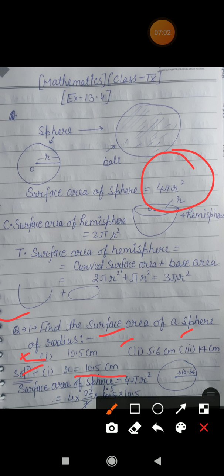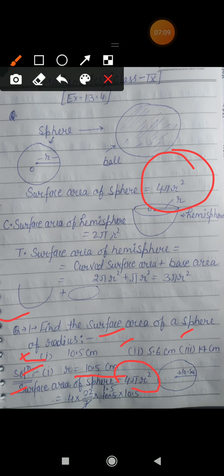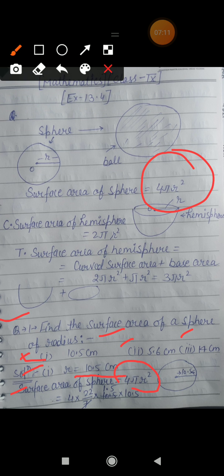So you have to write here, surface area of sphere is 4 pi r square, and then put in the values. 4 into pi, where pi is 22 upon 7, and r is 10.5. Because r square is there, you have to write r two times, in a multiplication form.